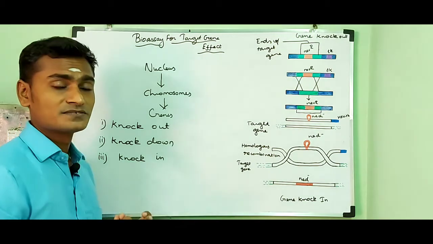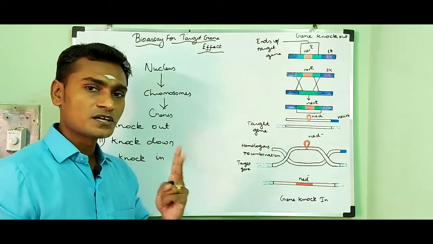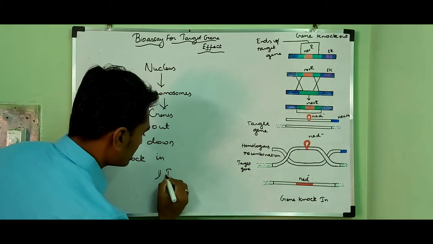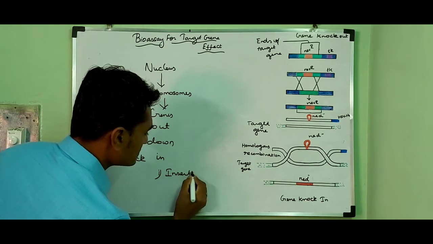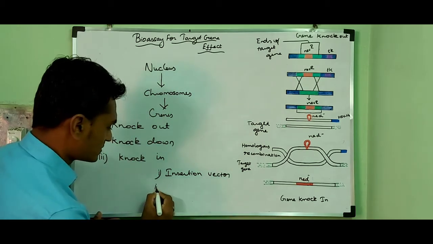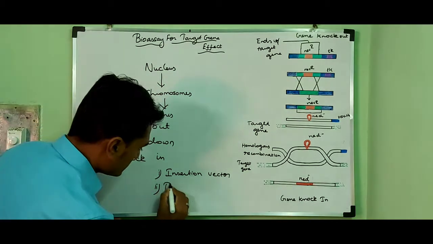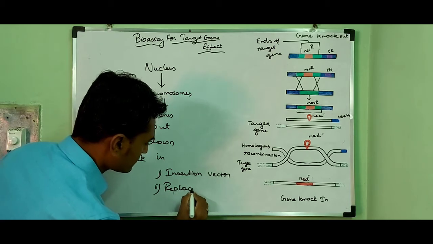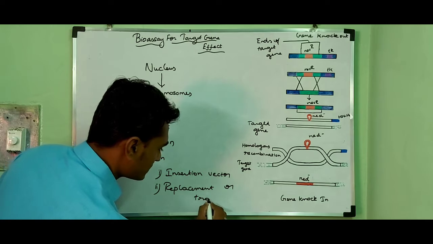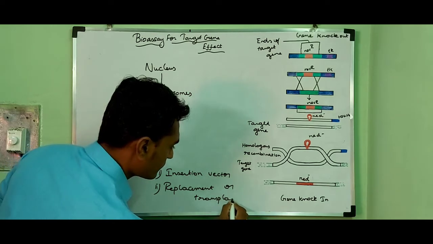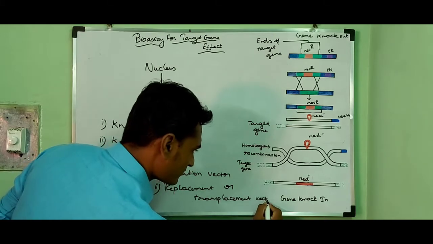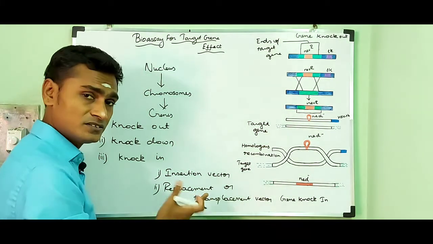For this purpose, we are using two types of vectors. They are the insertion vector, and the second type of vector is called the replacement vector, or transplacement vector, or a substitution vector.